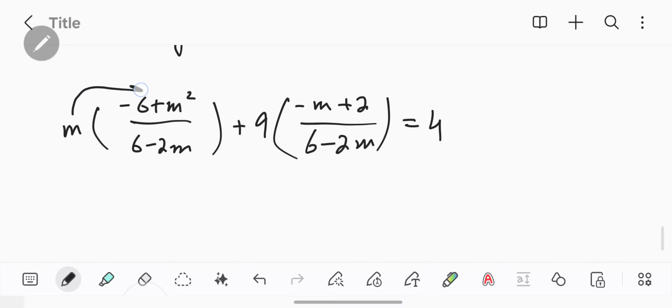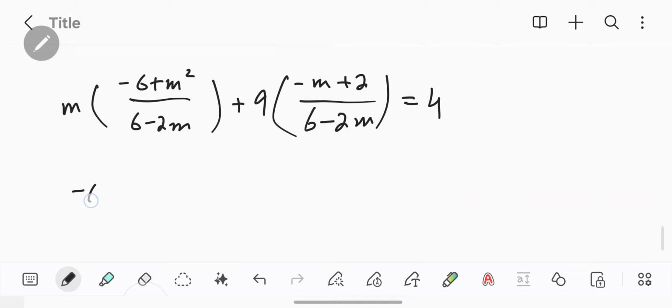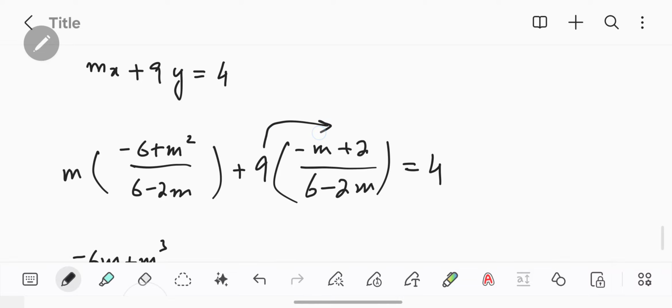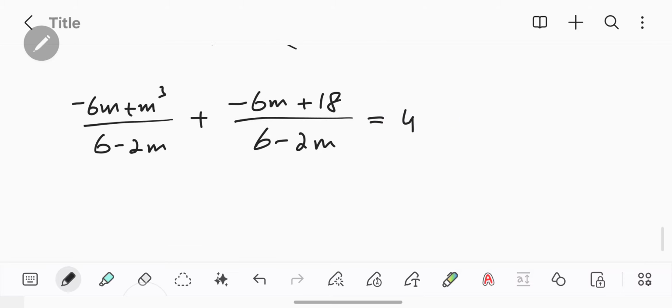Now I'll multiply m inside, so I will get minus 6m plus m cube over 6 minus 2m, plus I will multiply 9 inside. I'll get minus 6m plus 18 by 6 minus 2m is equal to 4.